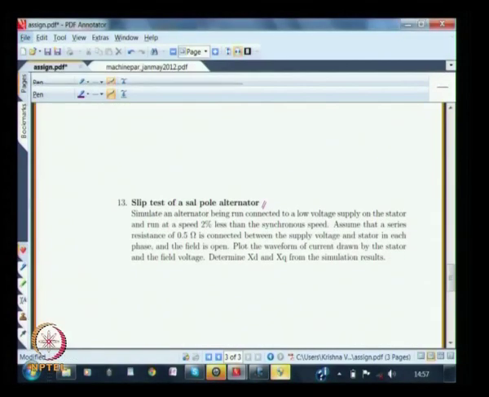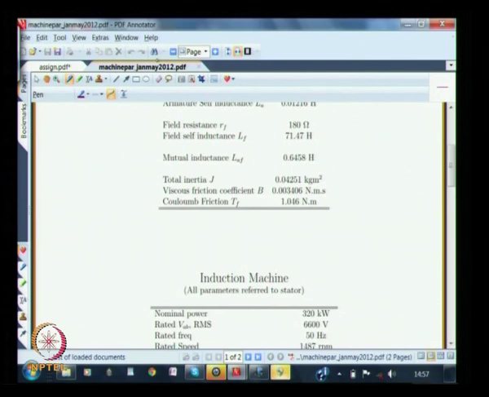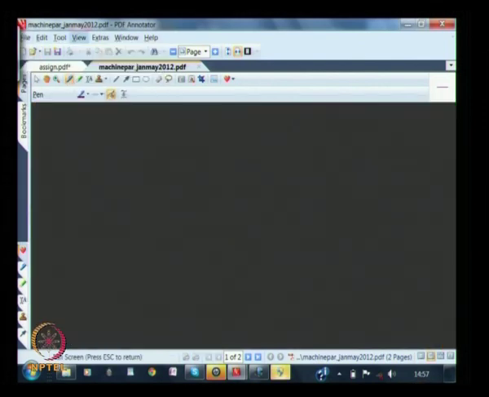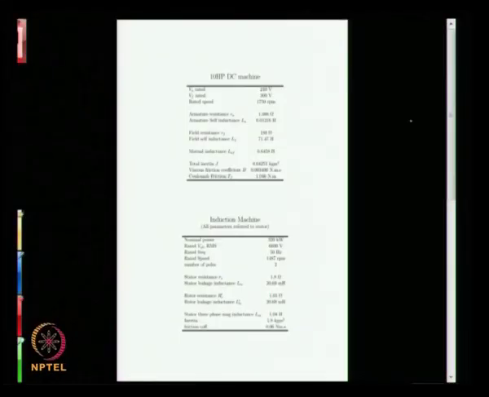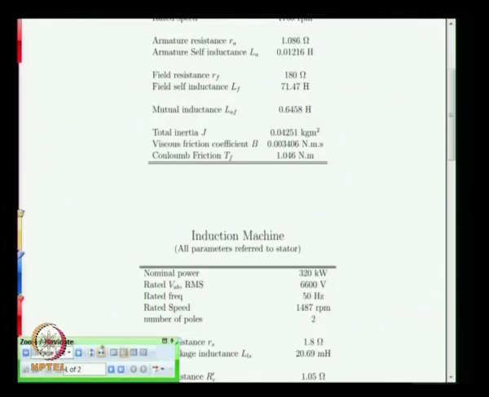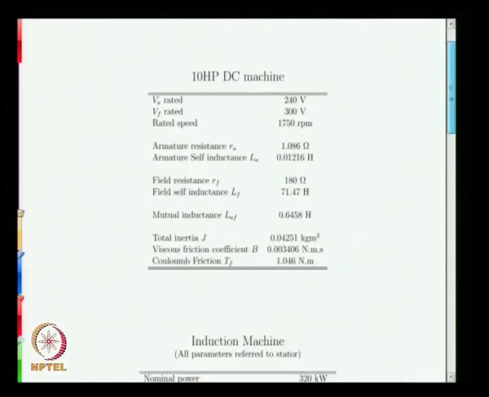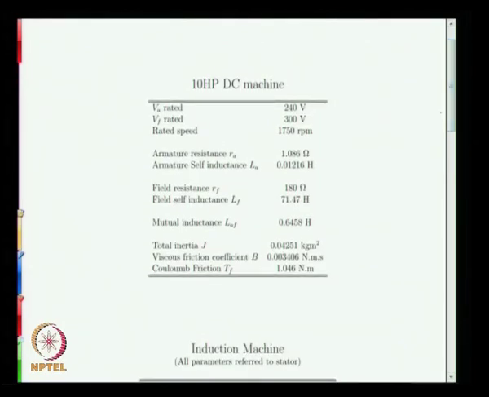Now you need to use machine data for all these exercises. So here are some machine data. Here we have the data for a DC machine, which is a 240 volt DC machine with a field rating of 300 volts, and 1750 rpm is the rated speed.